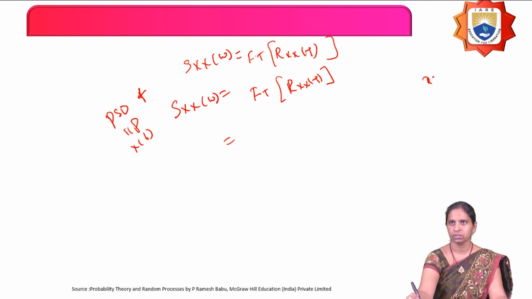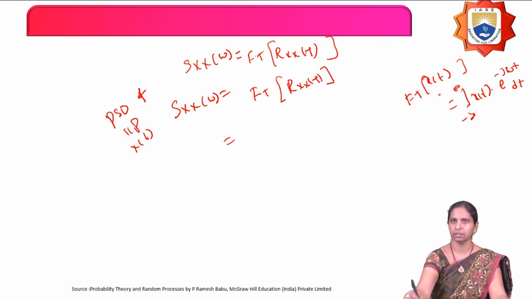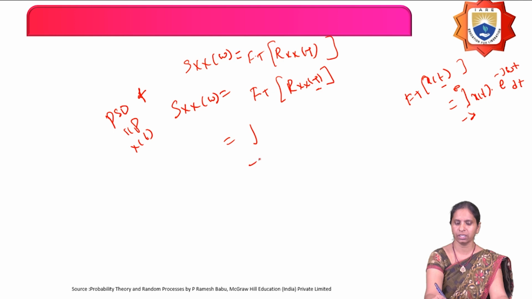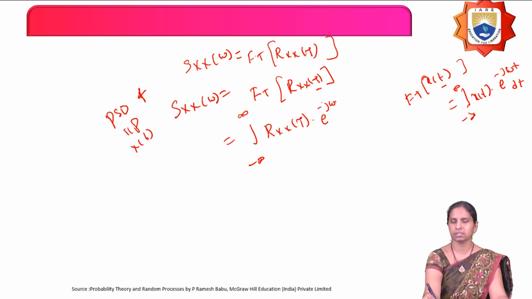The Fourier transform formula: if x of t is a signal, then the Fourier transform is the integration from minus infinity to infinity of x of t into e power minus j omega t dt. But in place of t, I have the variable tau. Therefore, the Fourier transform of Rx of tau is the integration from minus infinity to infinity of Rx of tau into e power minus j omega tau d tau. Thus, in place of the t variable, I have the variable tau here, so replace it by tau now.